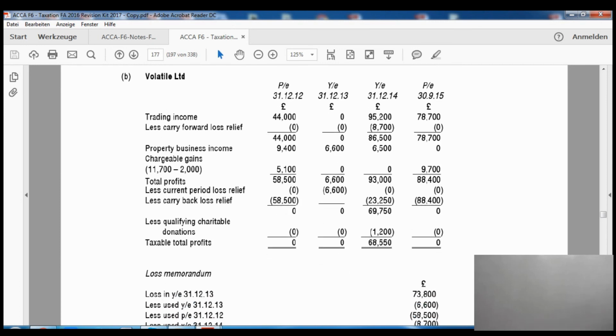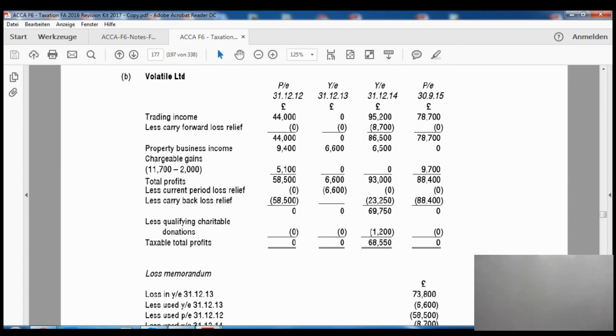Now in the B part, he made profits in 2012, 13, 14 and 15. In 2014, he's got some trading income, whereas in 2013 he does not have any trading income at all. Likewise, in 2014 he got some trading income, and in 2015 as well. Right, then after that it says carry forward loss relief.